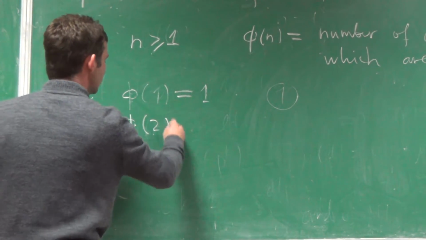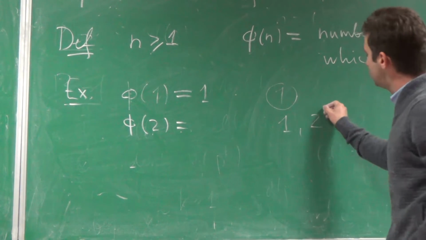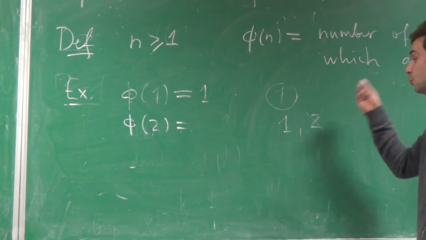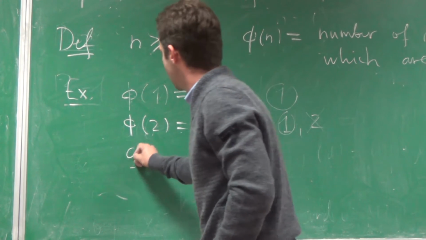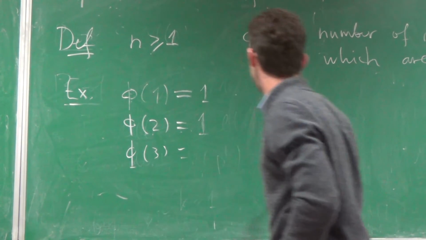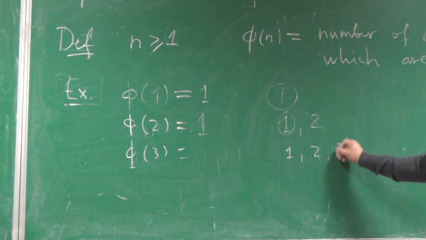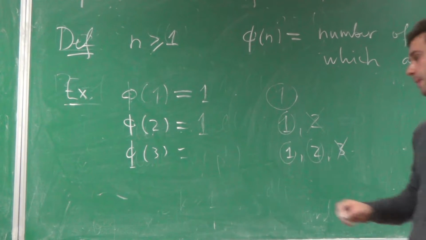Now phi of 2. We have the list 1, 2, and 2 is not coprime to 2. They have GCD 2, so 1 is the only one. Phi of 3. I have 1, 2, 3. 3 is not coprime to 3, but the other ones are coprime to 3.